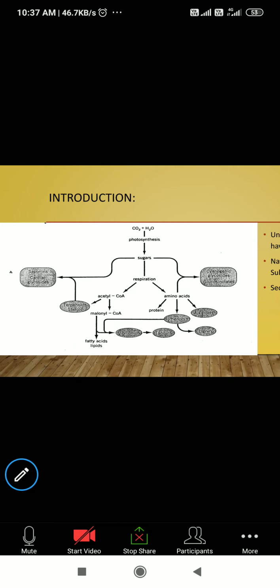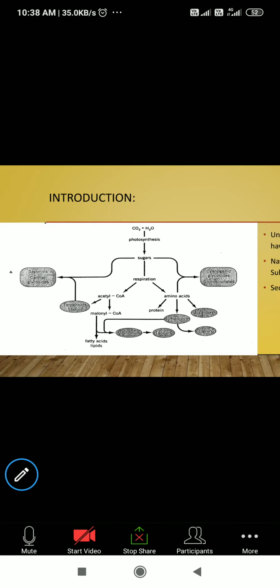Sometimes we get confused whether the product of a particular pathway is a primary or a secondary metabolite. But secondary metabolites have specific characteristics: they are always produced in low quantities, and sometimes they are spread in the whole plant, or restricted to a particular organ.